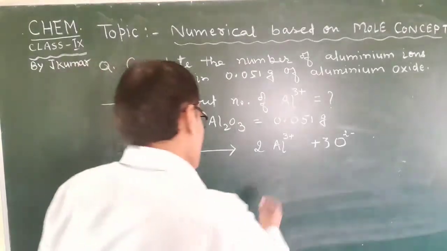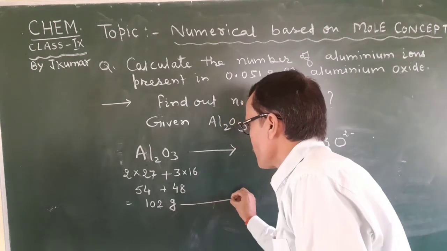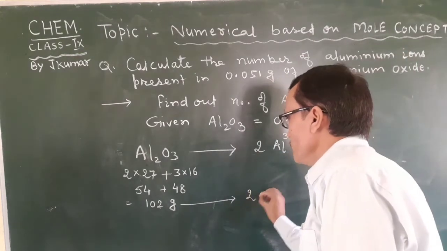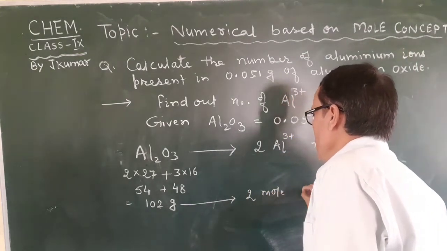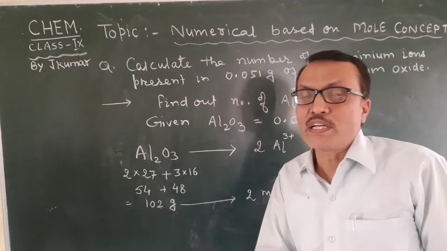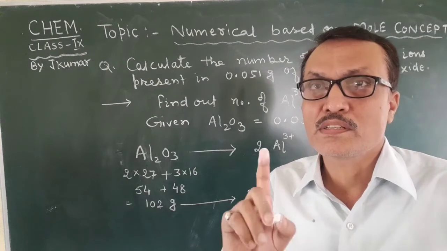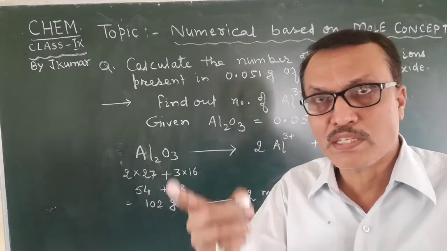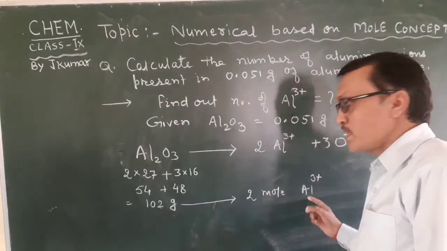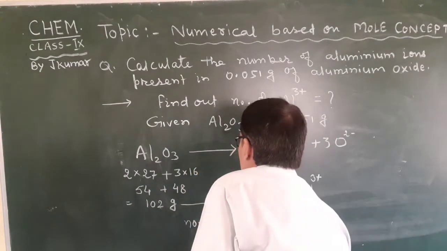Now students, you can see here, this 102 gram of aluminum oxide gives us 2 moles of aluminium ions. You already know 1 mole of any substance contains 6.022 multiplied by 10 to the power 23 particles. So here we have 2 moles, so what will be the number of particles or ions?